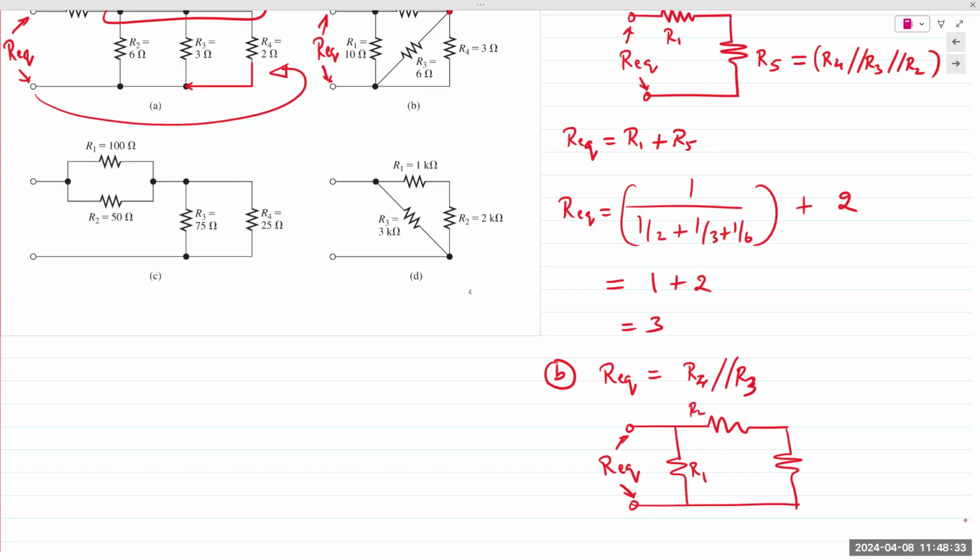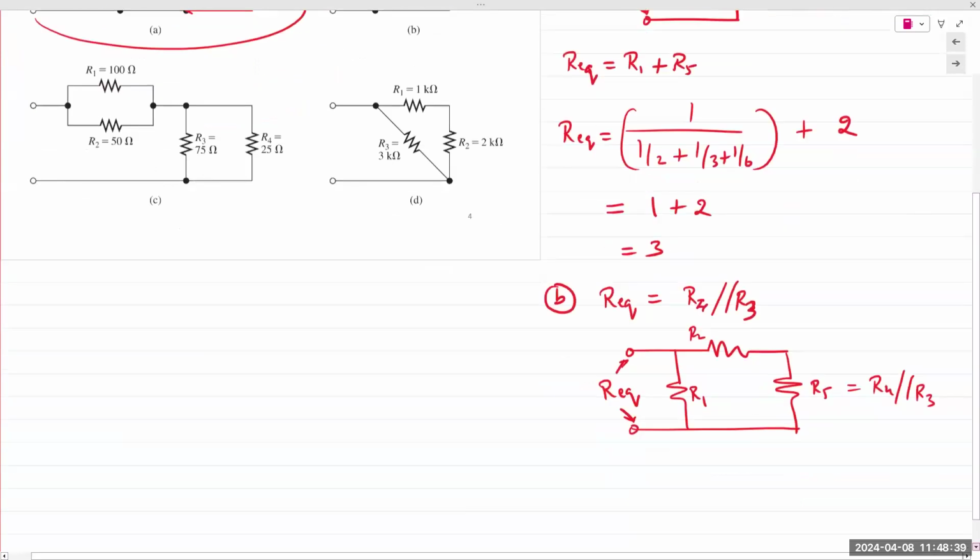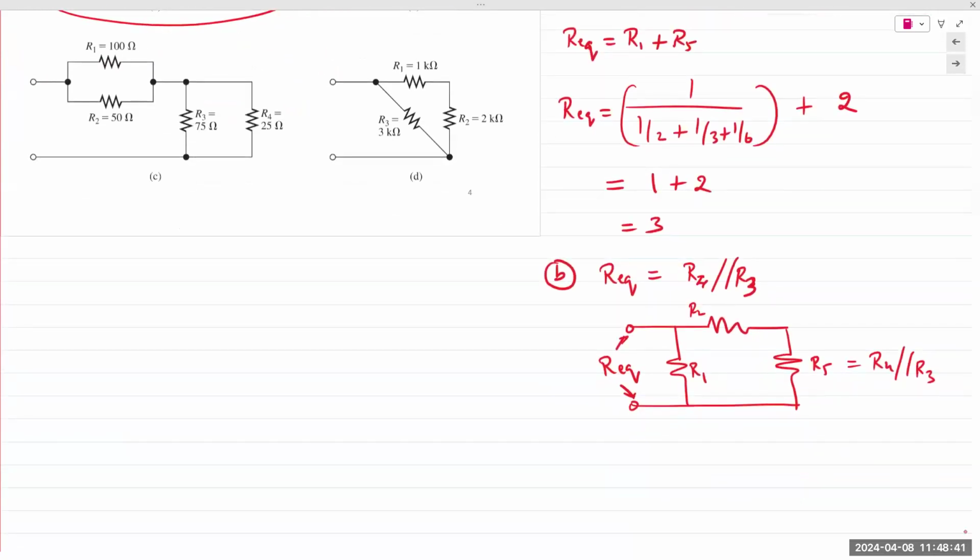R1, R2, and I'll call this R5. R5 is R4 in parallel with R3. Then I can see R2 and R5 are in series. They are connected at one single node. And then I can say this is R6.